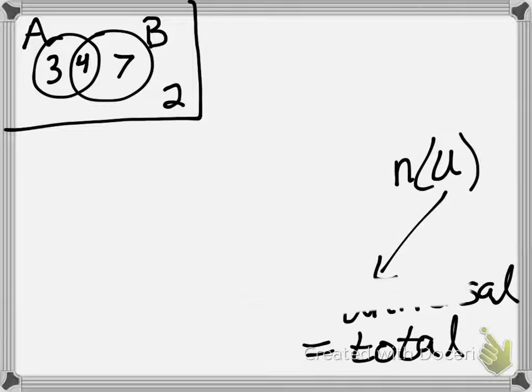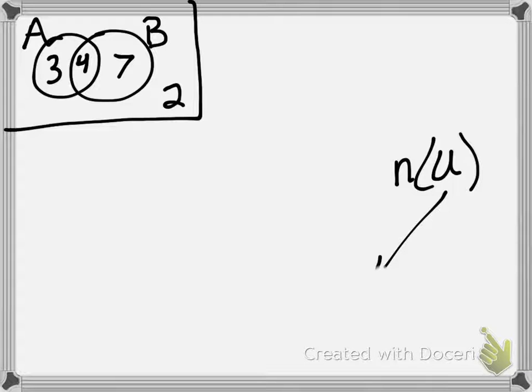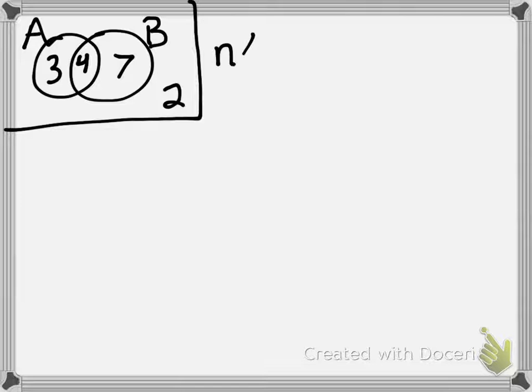So we're just going to go through and talk about a few probabilities with this Venn diagram. The first thing we can do is ask ourselves, what's the universal set, which is the same thing as the total? Now when it has the N in front, it just wants a whole number, not a fraction, not a decimal, not a percentage. This is not probability.